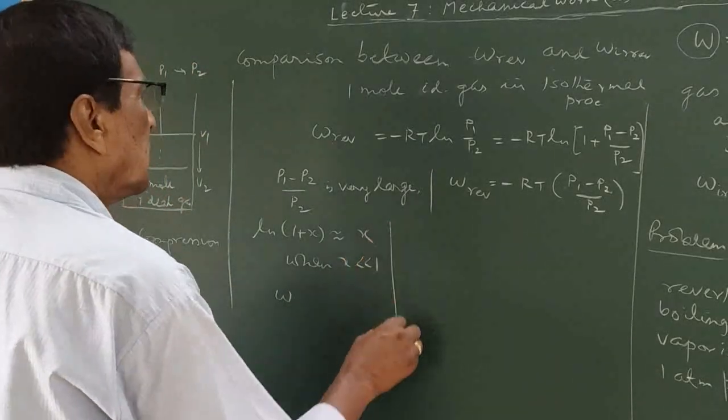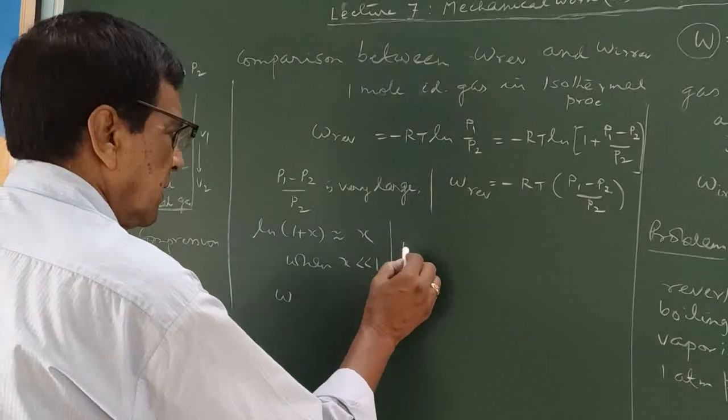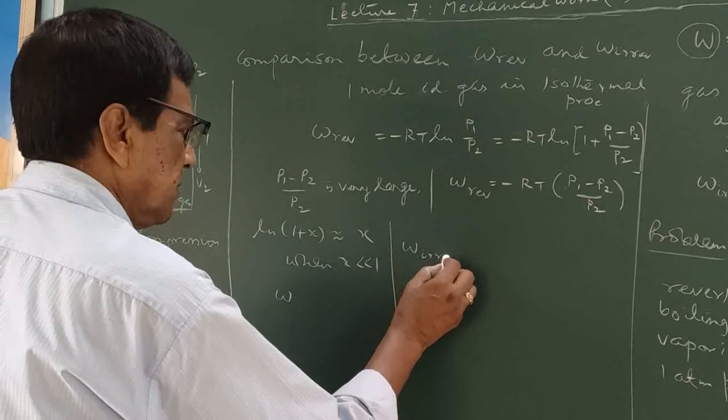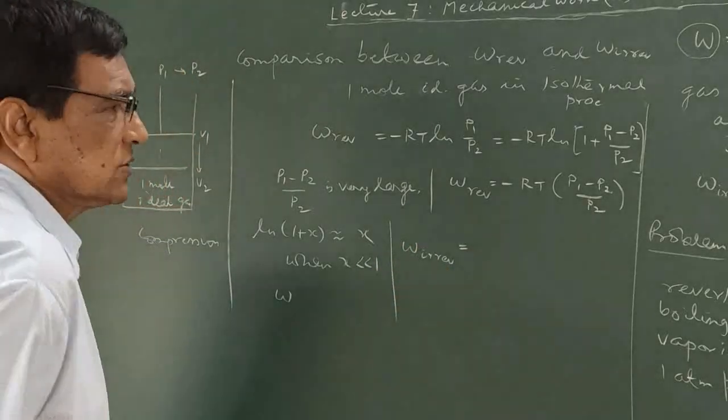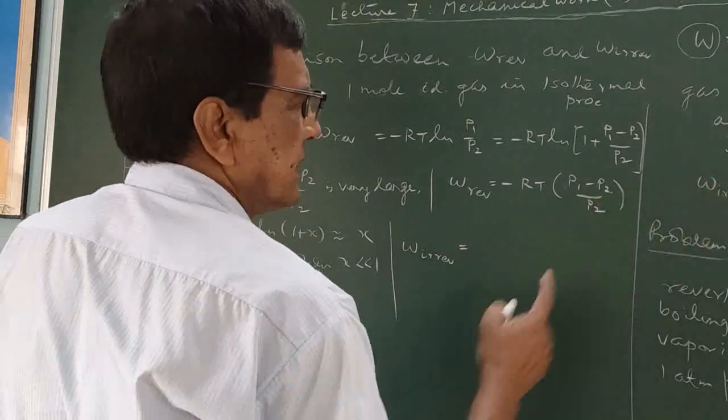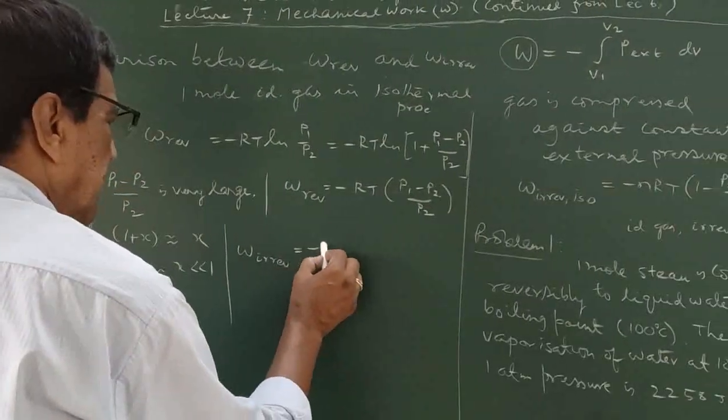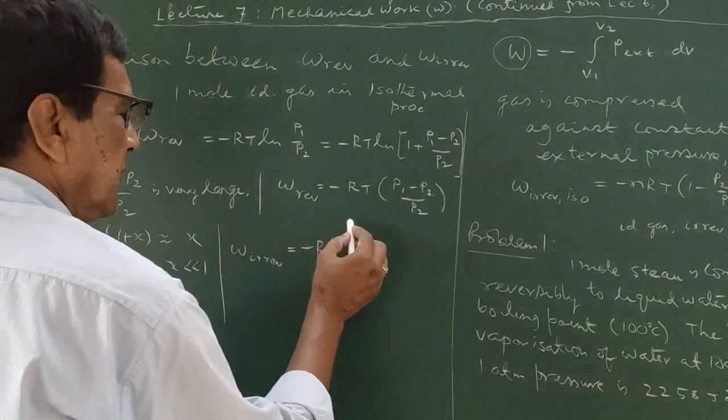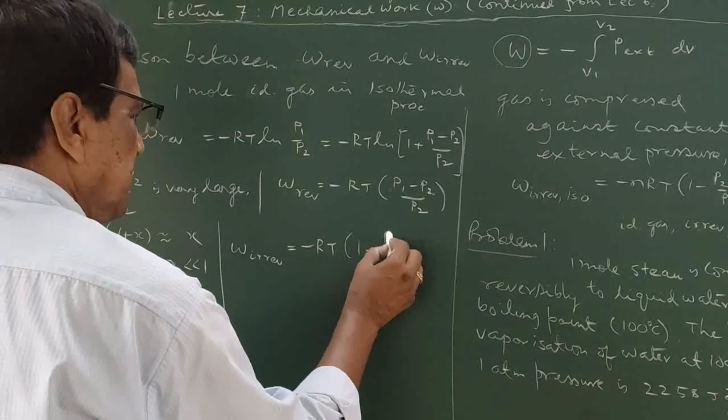So for work done in irreversible process, this could be written as, for this isothermal, minus RT times 1 minus P2 by P1.